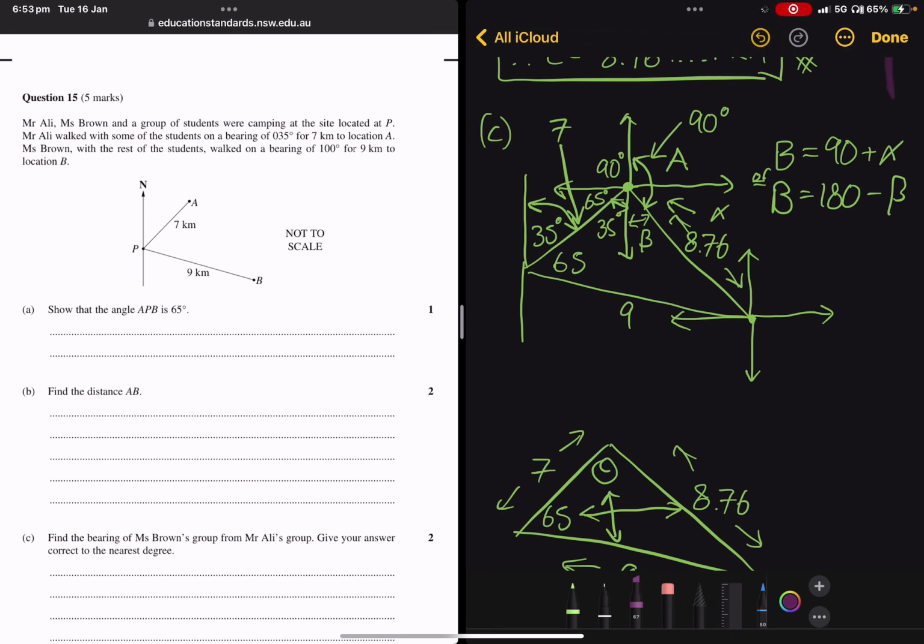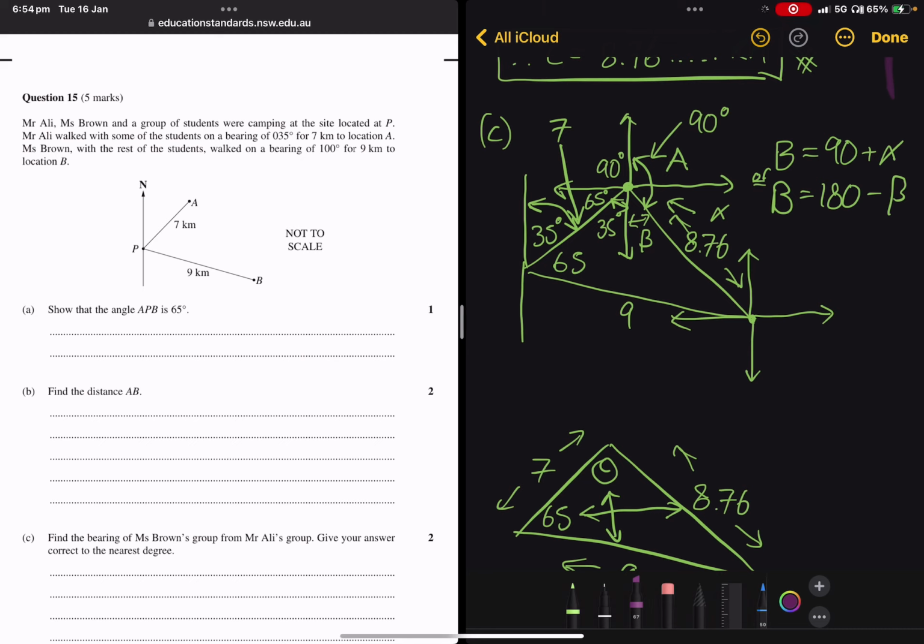Now when we go down to C, it's a little bit more complicated because there's quite a few different ways to do it depending on how you think about the problem. You get 1 mark for finding one of the angles in triangle APB which you don't already have. You have 65, that's one of them. If you can find another one, you get a mark, or equivalent merit. That will really mean if you have some substantial working that's getting you close to finding the bearing, but not quite getting you the bearing.